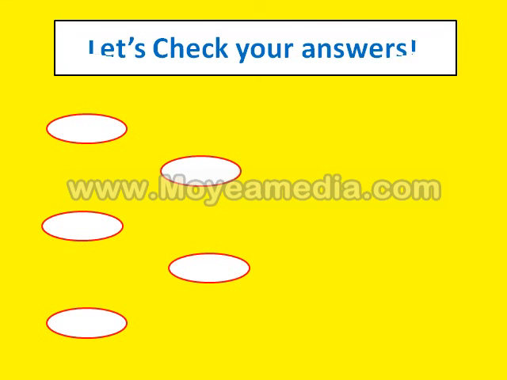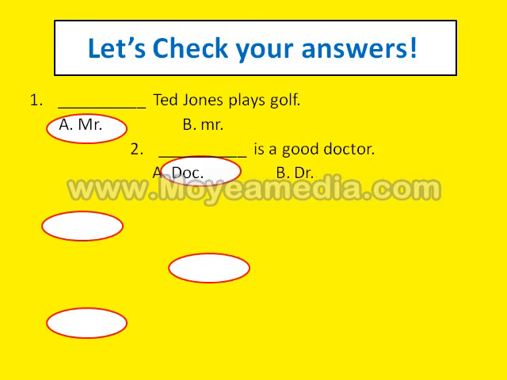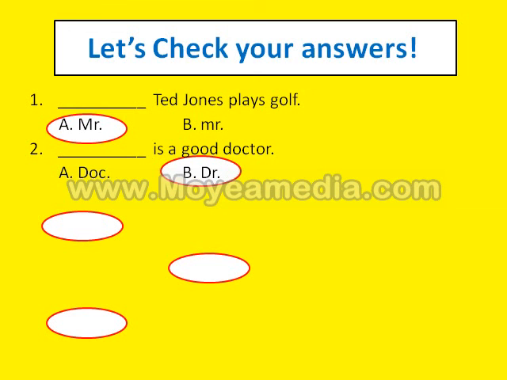Now, let's have more exercises. Did you finish your work? Let us check it together. Number 1, blank Ted Jones plays golf. If your answer is A, you're correct. Number 2, blank is a good doctor. If your answer is letter B, you're correct.